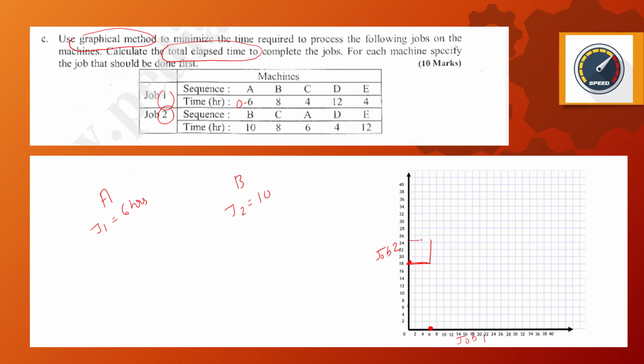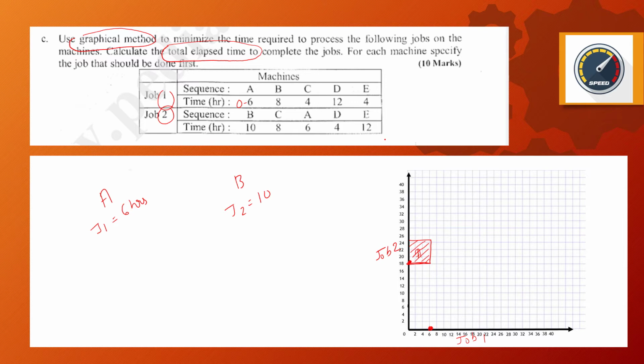So this part represents machine A. It will be consumed between 0 to 6 hours by job 1, and again from 18 to 24th hour it will be consumed by job 2.